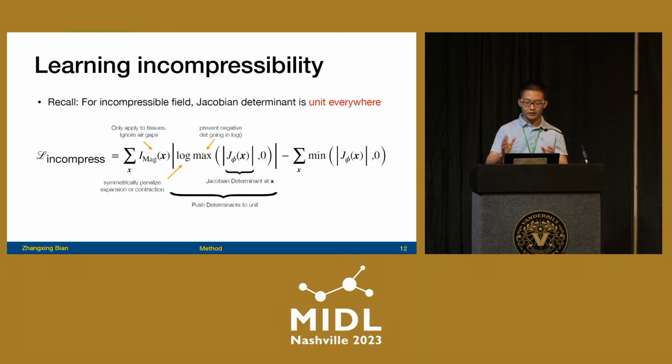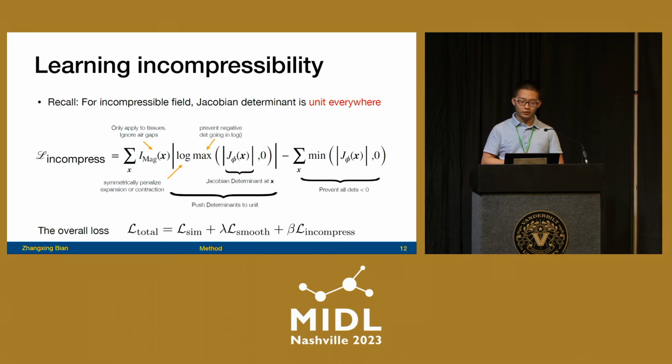So this first term will push the determinant to unit, and the second term is just to prevent all determinants from being negative, because in the first term we use a ReLU to ignore the negatives. The overall training objective is just the 3 objectives combined.